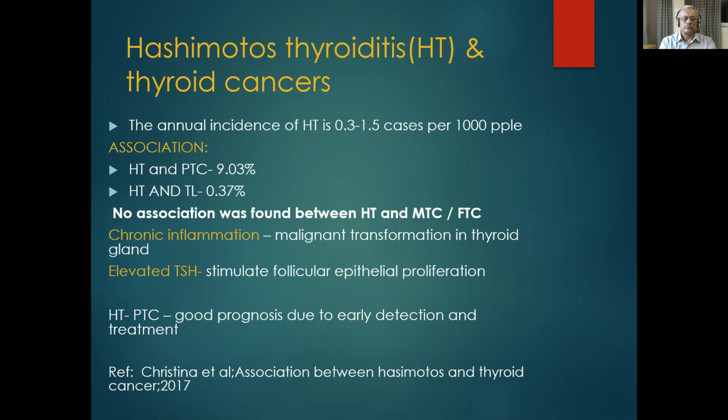The association with papillary thyroid carcinoma is around 9 to 10%, and with primary thyroid lymphoma is 0.3 to 0.5%. No association was found with medullary thyroid carcinoma or follicular thyroid carcinoma. The chronic inflammation and elevated TSH lead to malignant transformation in the thyroid gland. Hashimoto's thyroiditis with papillary thyroid carcinoma has a good prognosis due to early detection and treatment.